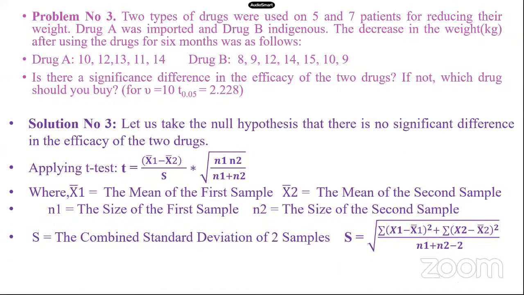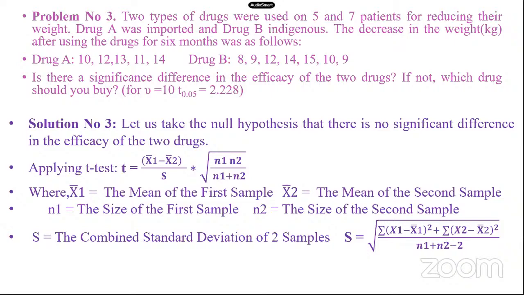First of all, put the hypothesis, or particularly the null hypothesis. Let us take the null hypothesis that there is no significant difference in the efficacy of two drugs. Now this is a 2 sample test, so here there will be no population mean. Here, what we have is the mean of both samples, so there are 2 samples. And what to say here: in the efficacy of both these drugs there is no significant difference, meaning there is no difference between them. These two are equivalent, these two are independent, it is said in that sense.